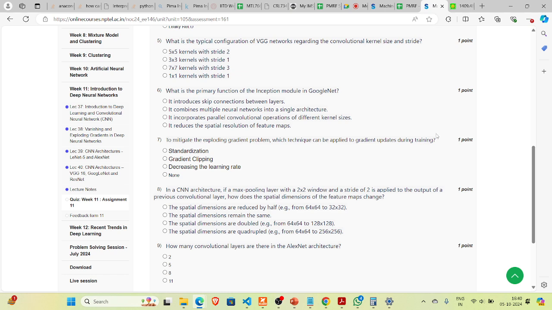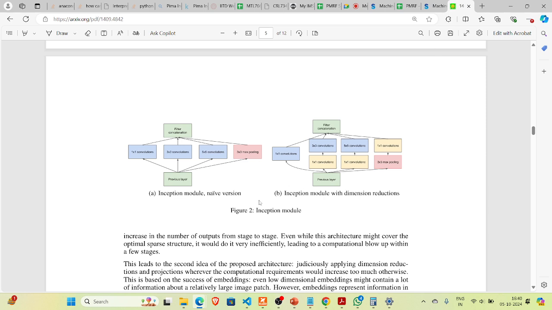So focusing on that, let's look at the structure here. So this is the previous layer. So this is a naive version, meaning the rudimentary version. So there is 1 cross 1 convolution, 3 cross 3 convolution, 5 cross 5 convolution, 3 cross 3 max pooling, and then we apply the filter. So this is applied in parallel here.